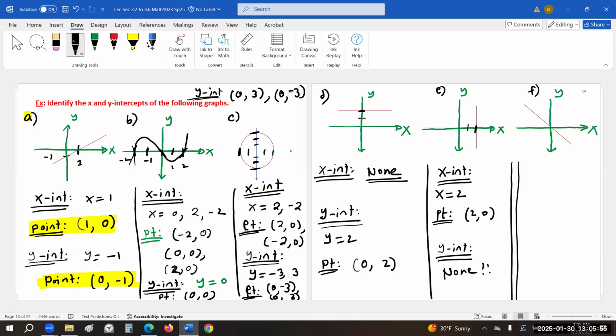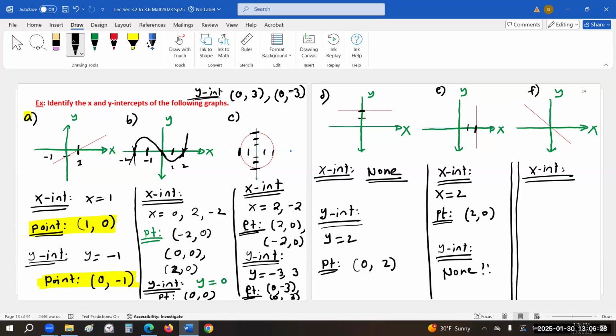And now the last interesting one. Would you like to try that? See here, this is a y-axis, and our line crossed the y-axis.